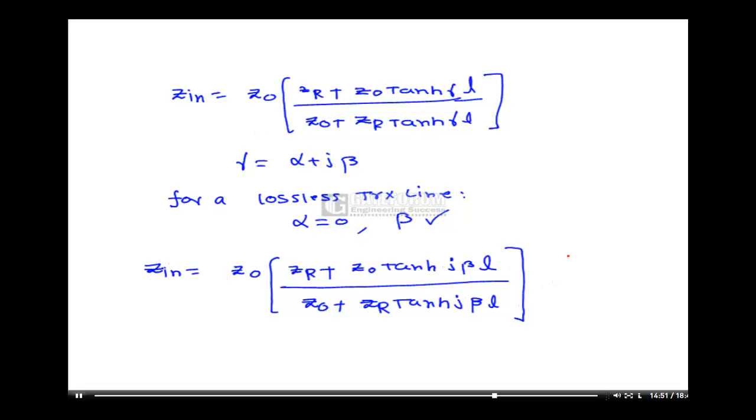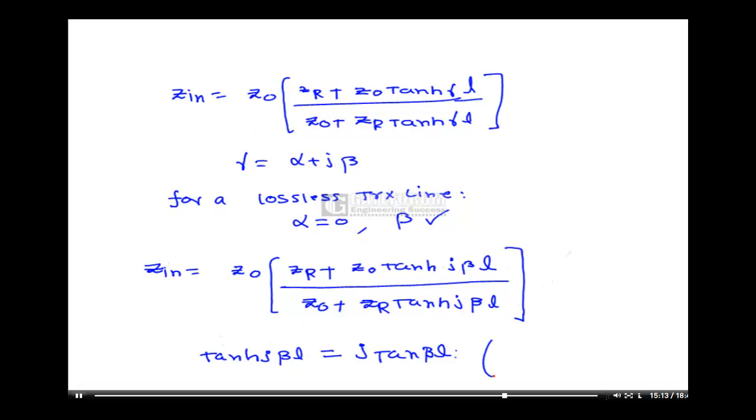Now, by using a mathematical identity, tanh j beta L is equal to j tan beta L, which is a trigonometric identity.